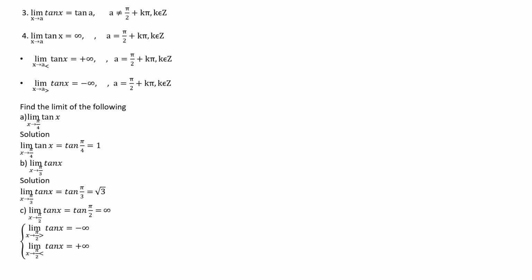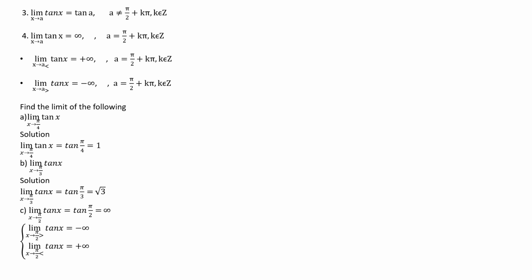Property number 3, the limit as x tends to a of tan x is equal to tan a, but a should be different from pi over 2 plus k pi, where k is an integer.